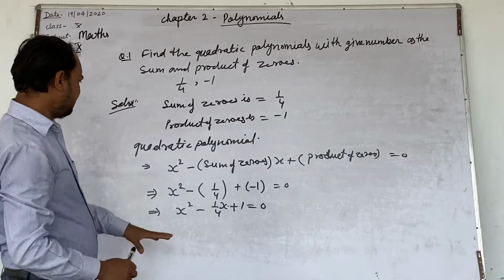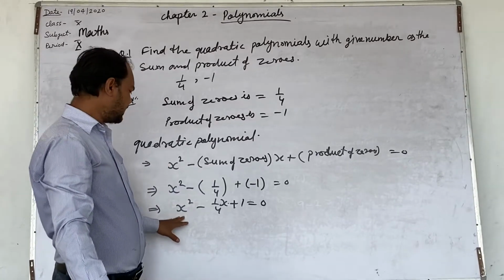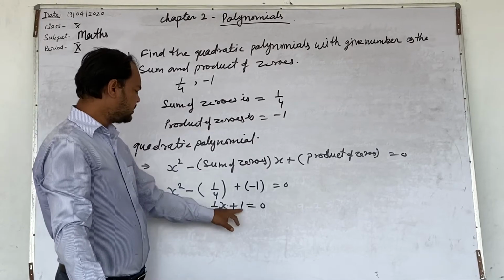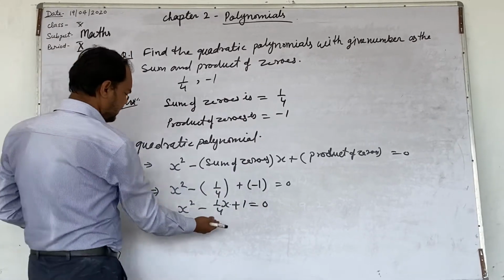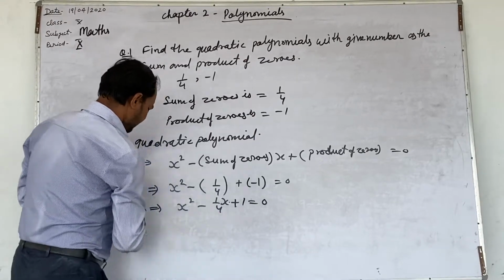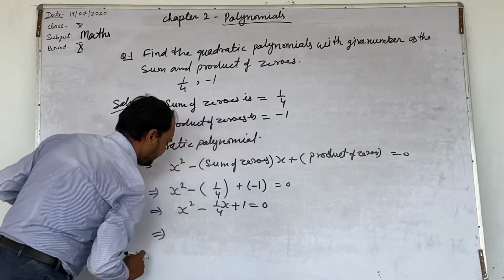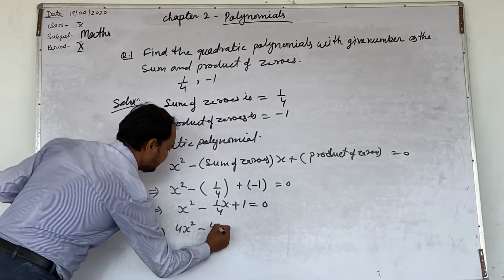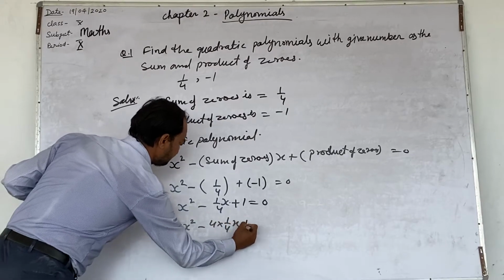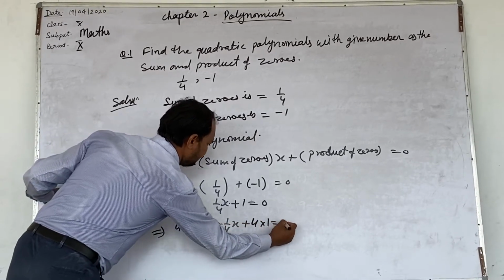Now we find the required quadratic polynomial x square minus 1 upon 4 x minus 1 equal to 0. Now simplify this, we can write it without denominator. You can multiply this total by 4. So then you will get 4x square minus 4 into 1 upon 4 x minus 4 into 1 equal to 4 into 0.